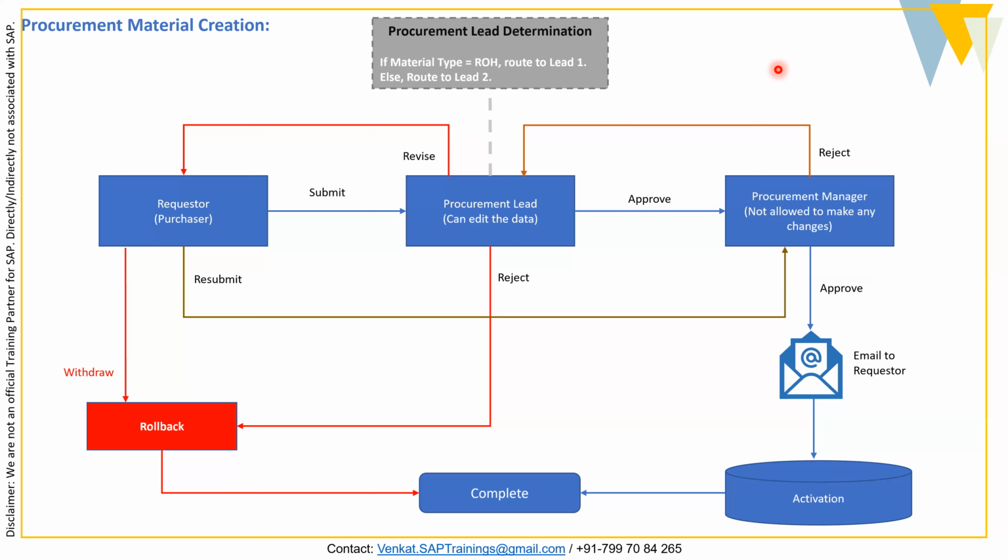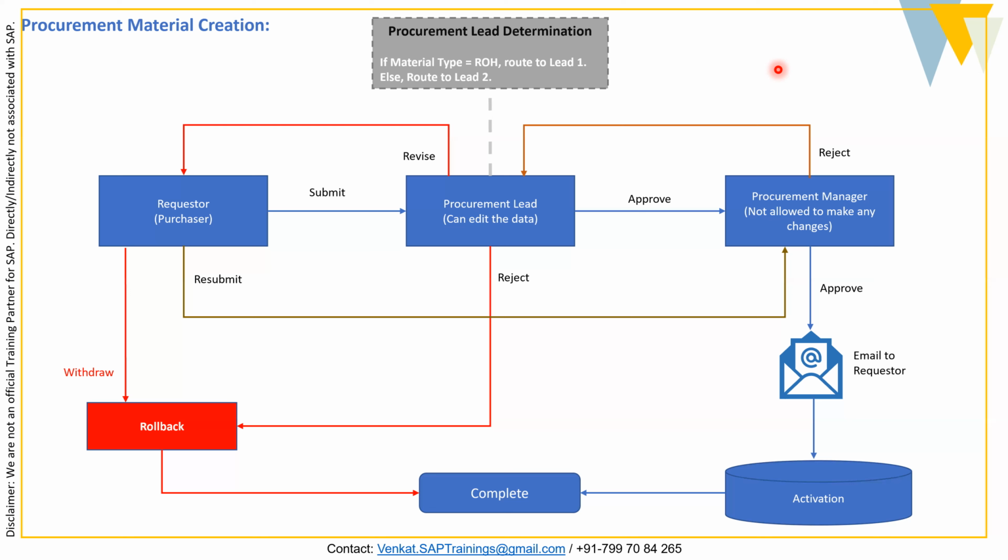If it is ROH, we route to lead 1. If it is not ROH, we route it to lead 2. Business will tell us to whom we need to route it. Once the procurement lead approves, we need to route that to the procurement manager, and the procurement lead gets two negative scenarios: one is revision and another is rejection.